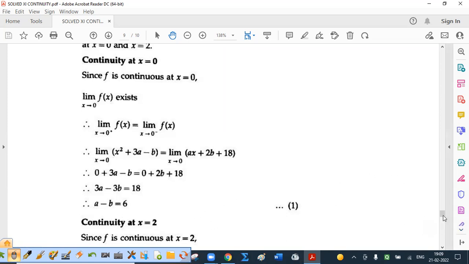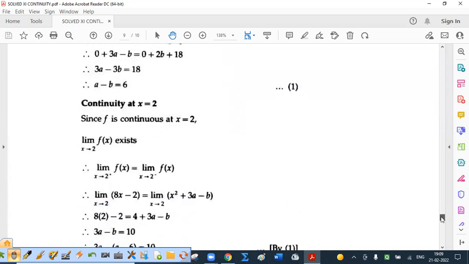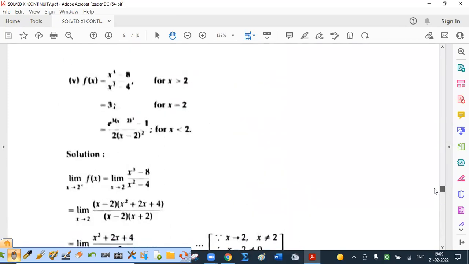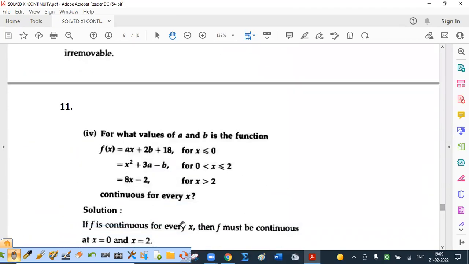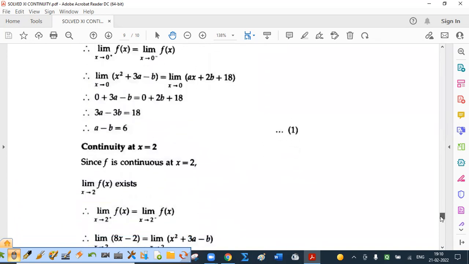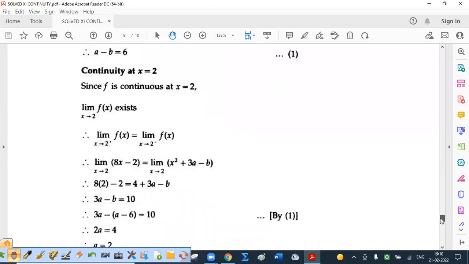Okay. The function is continuous at 2 also. So left hand limit is the same as right hand limit. Now for 2 plus, meaning greater than 2, which function is to be taken? 8x minus 2. And for the left hand limit, this one. So f is continuous at x equal to 2, the limit as x tends to 2 of f x exists, right hand limit the same as left hand limit.